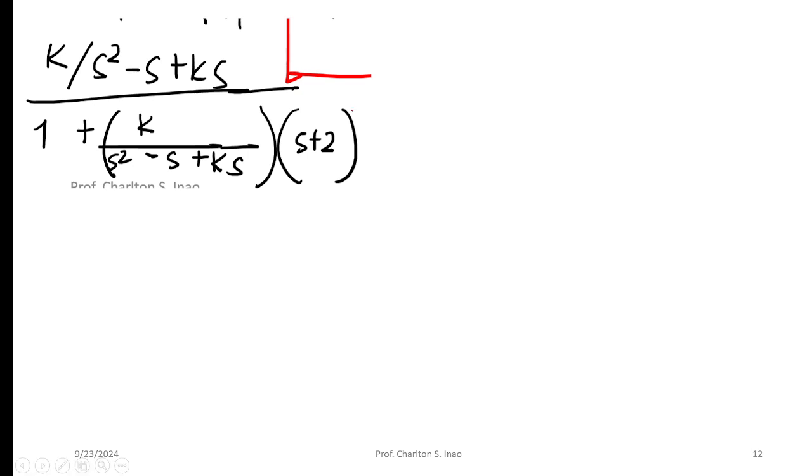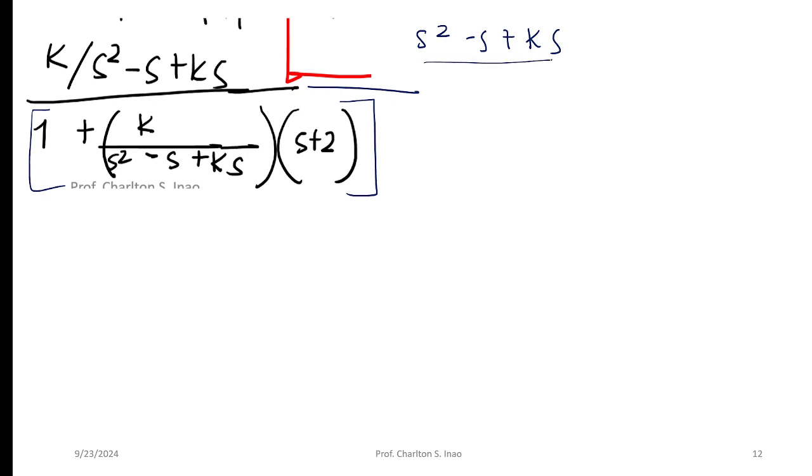So what's going to happen is this. We are going to multiply this numerator and denominator with this. Yeah. S squared minus S plus Ks over 1. Then this one also S squared, sorry, minus S plus Ks over 1.